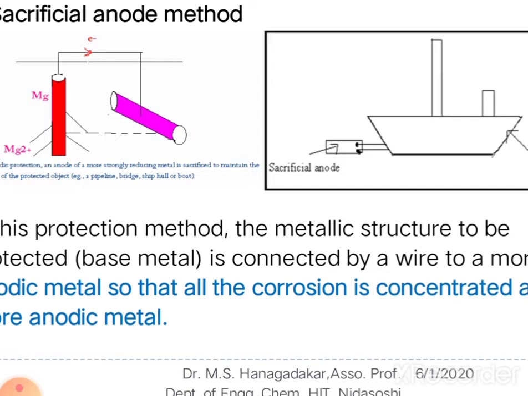The more active metals so employed are called sacrificial anodes. Here, sacrificial anodes sacrifice their life to protect objects like pipes, bridges, ships, etc.